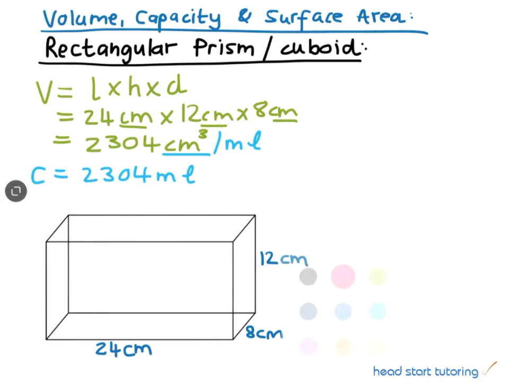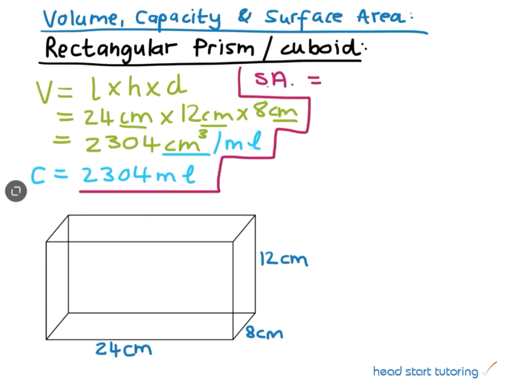Right, let's now have a look at the surface area of our rectangular prism, which again we need to work out the face of the front or the back of our prism, and multiply that by 2.